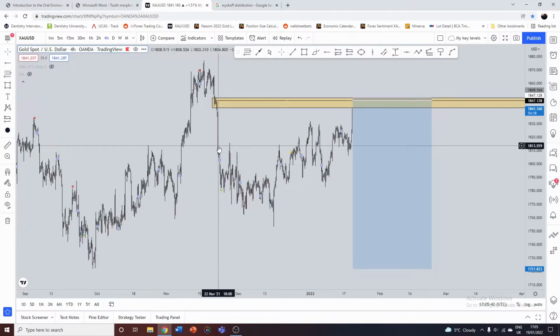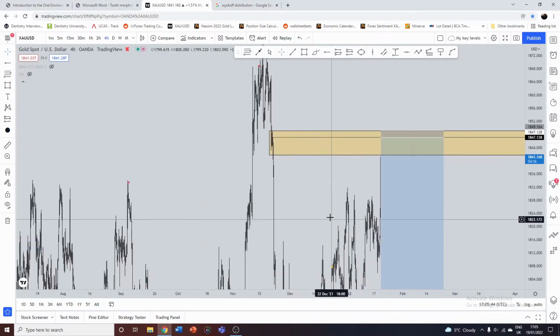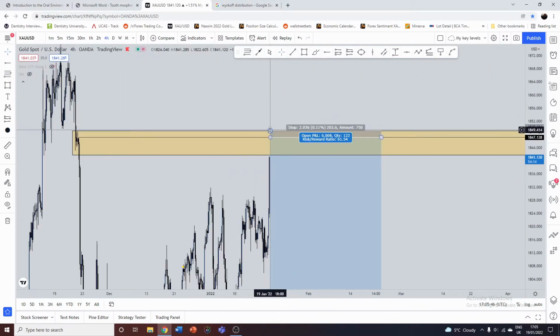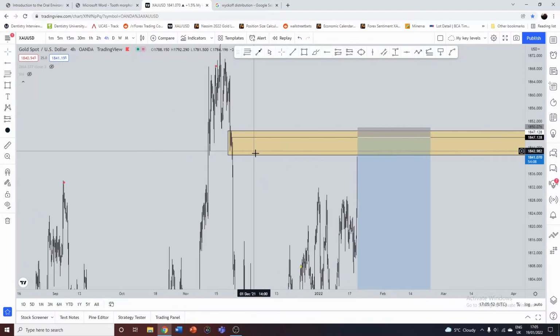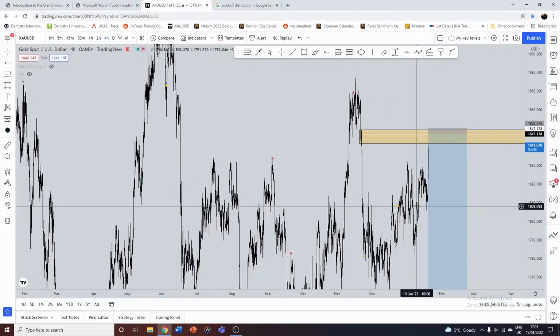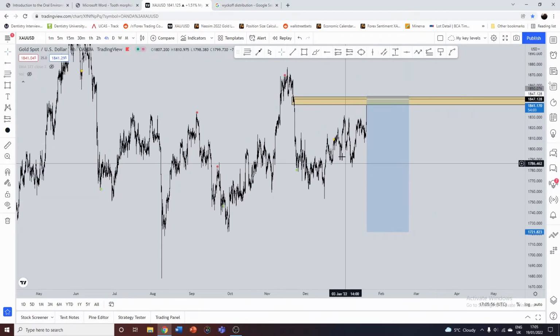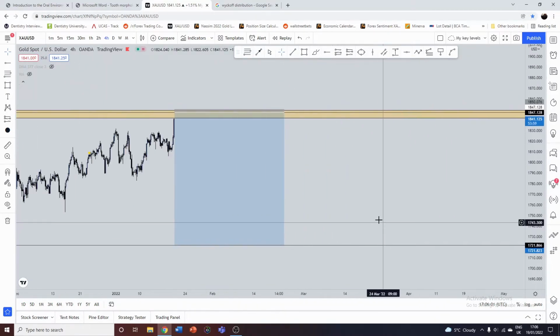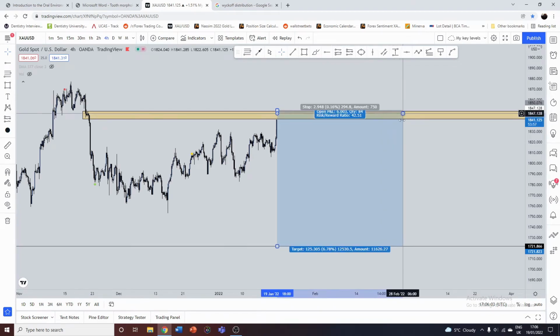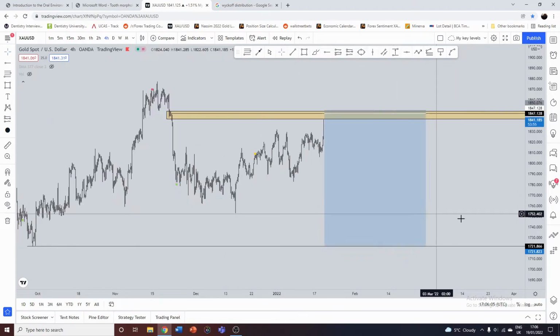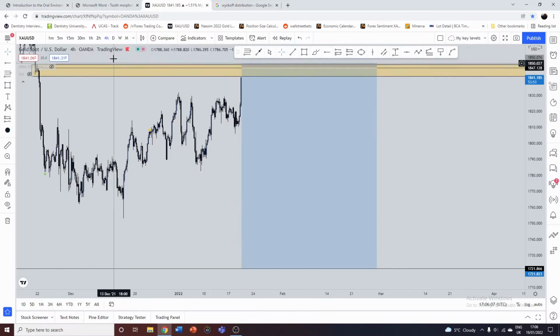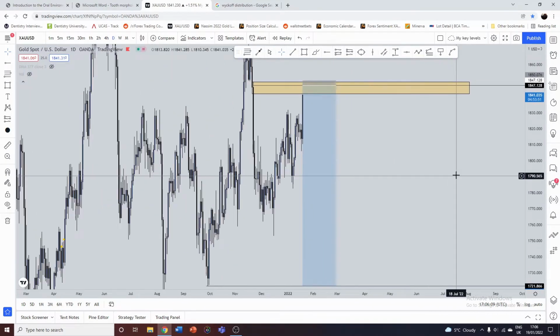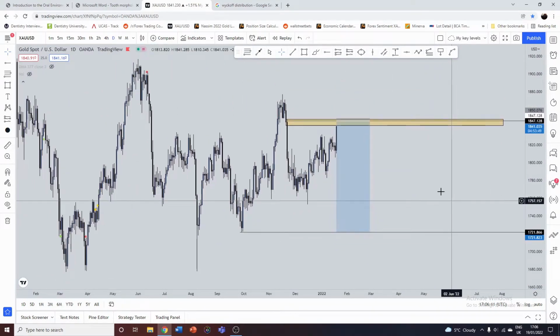I'll widen the stops a bit just to be on the safe side. That gives a 1 to 40 risk to reward trade. That would give us a massive trade potential, which for most people wouldn't be the percentage they even make in a year. So if this does play out, it has some serious potential, and it has a high probability.